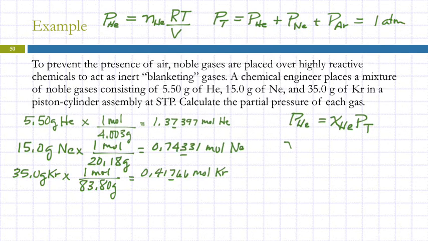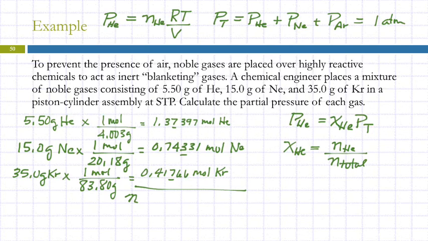So the mole fraction of helium equals the moles of helium divided by the total number of moles. I know the moles of helium, I need the total number of moles. So I'm going to add those together. 1.37397 plus 0.74331 plus 0.41766.